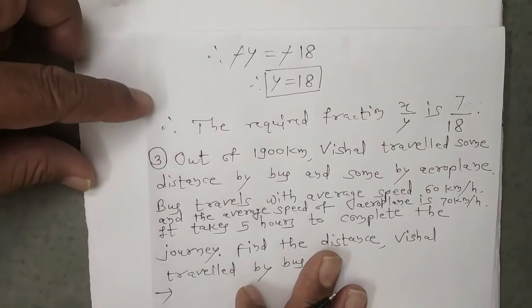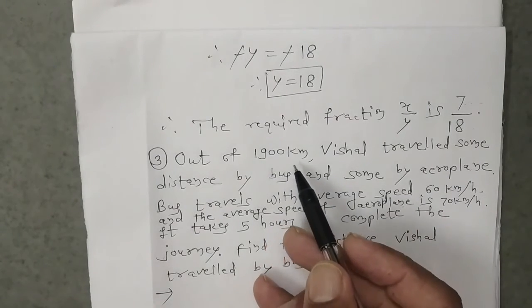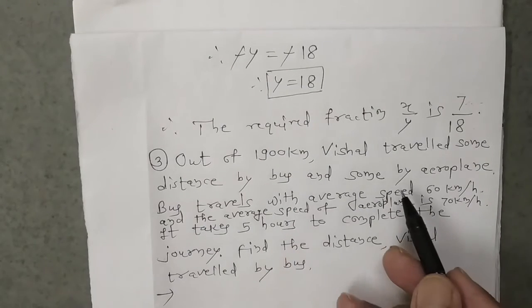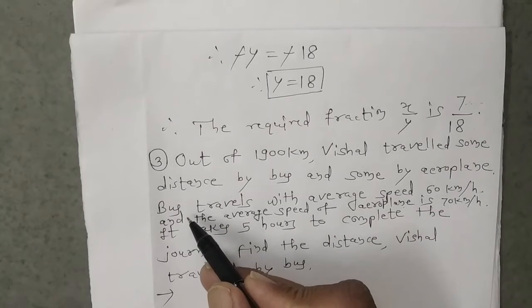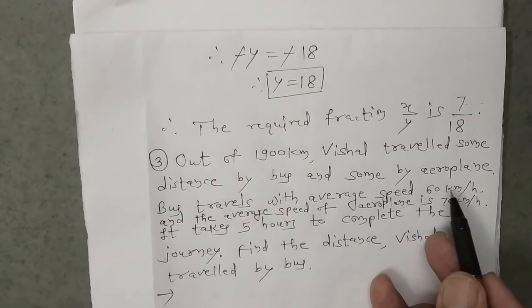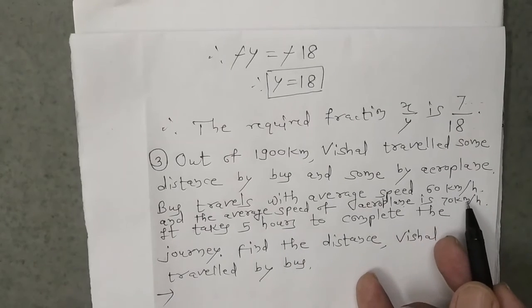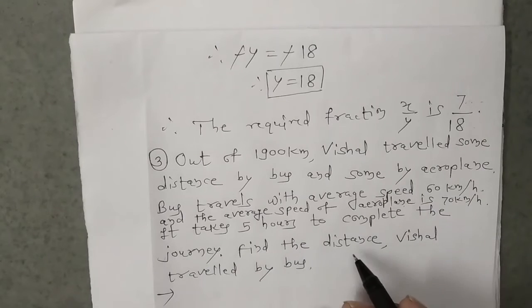Now the third example is: out of 1900 kilometers, Vishal traveled some distance by bus and some distance by aeroplane. The bus travels with an average speed of 60 km per hour and the average speed of the aeroplane is 700 km per hour. It takes 5 hours to complete the journey. Find the distance Vishal traveled by bus.